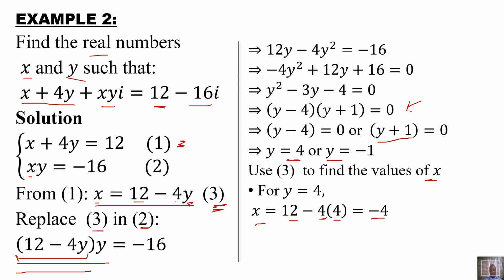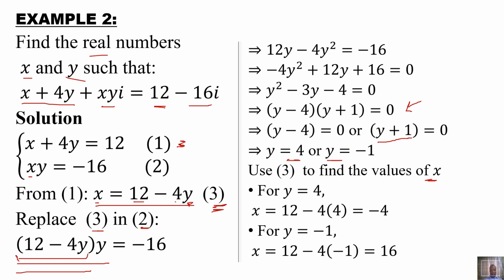And for the second value of y, which is y equals minus 1, we have to replace y by its value using equation 3.